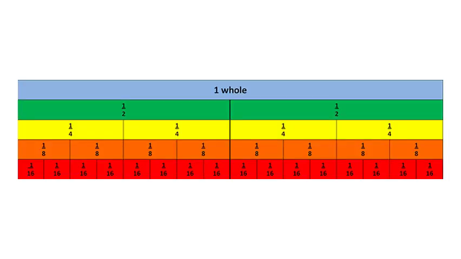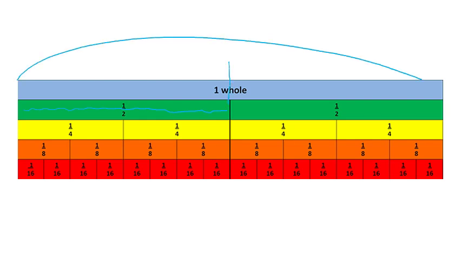Okay, so one of the outcomes, one of the indicators says that you have to be able to show equivalent fractions on a number line. So this green strip from here to here is showing 1/2. If this was a whole chocolate bar, that part would be half, right? So we can see that a quarter plus a quarter would still get us to that same spot.